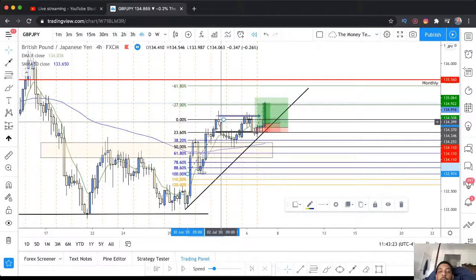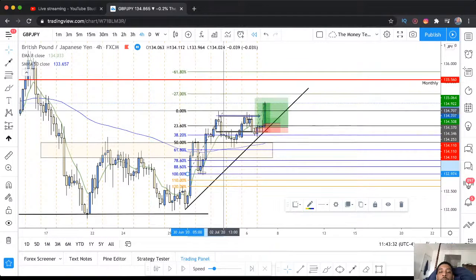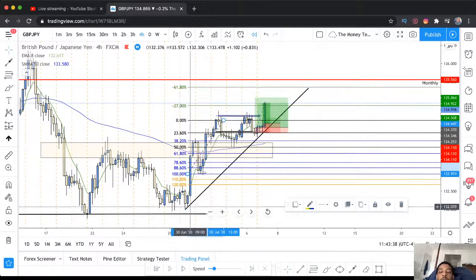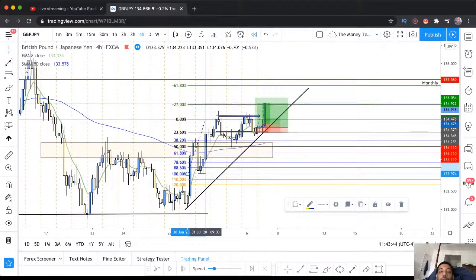Okay, and then some of you guys are saying why not put it up here, right, which it actually shows touching into the golden zone, and that's because where I draw my fibs are from support to resistance. So price was bullish here, so that's where it found support, and this is the last time we had a bullish candle there, so that's where price found resistance.